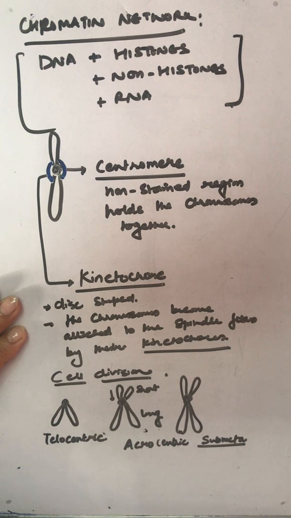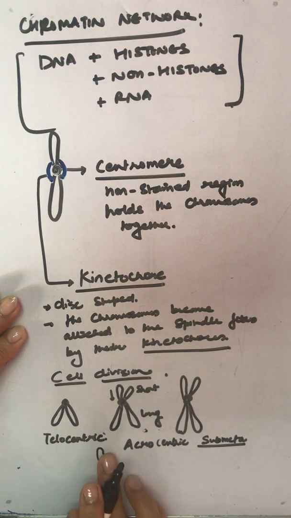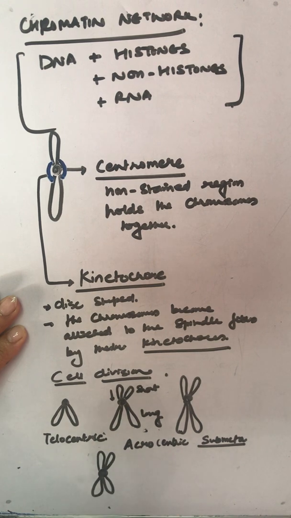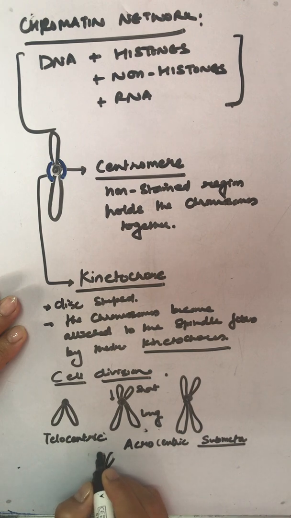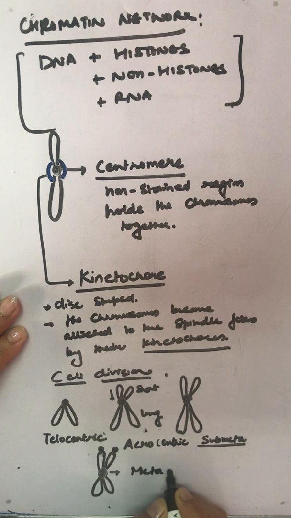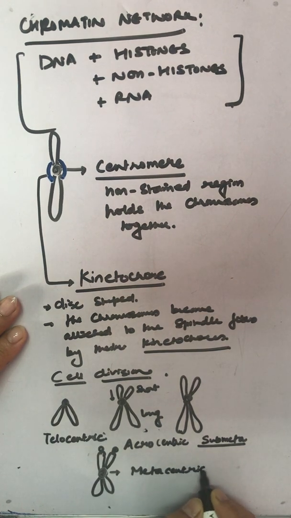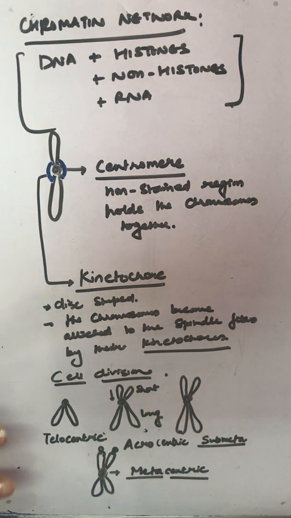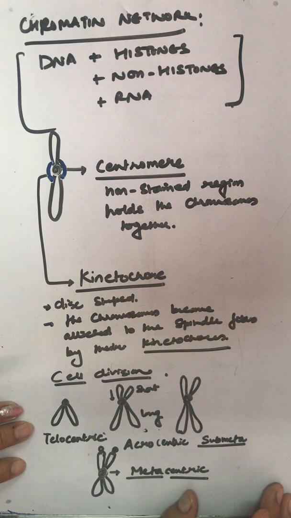And if the centromere shifts exactly in the center, and both the arms are equidistant, it bears a secondary constriction and a satellite onto the top as well. Here at this position we call it metacentric. Okay.